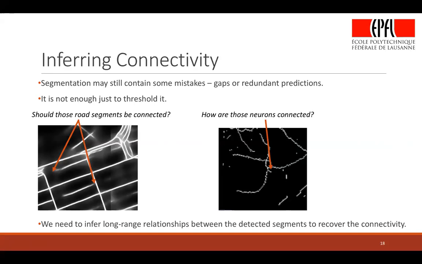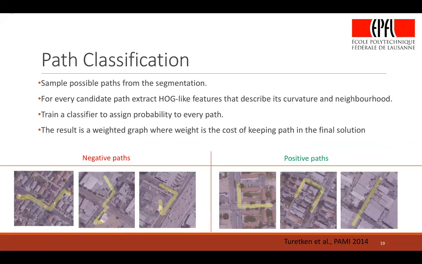So we want to figure out whether the two branches are really connected, or maybe they should be separated. In order to do that, we have to look at long-range relationships between different segments of the network. And in order to do this, we do what we call path classification.